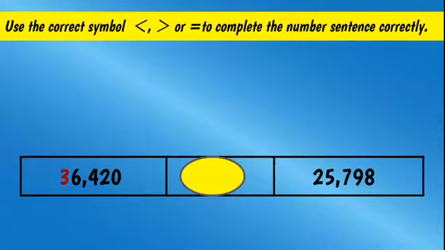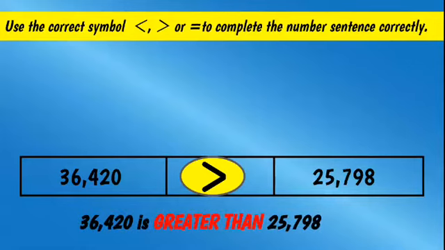Our numbers are 30,000, that's 3, and 20,000, that's 2. We have 3 in the first number and 2 in the second number. So right away we can tell that 36,420 is greater than 25,798. So the open end faces our larger number.